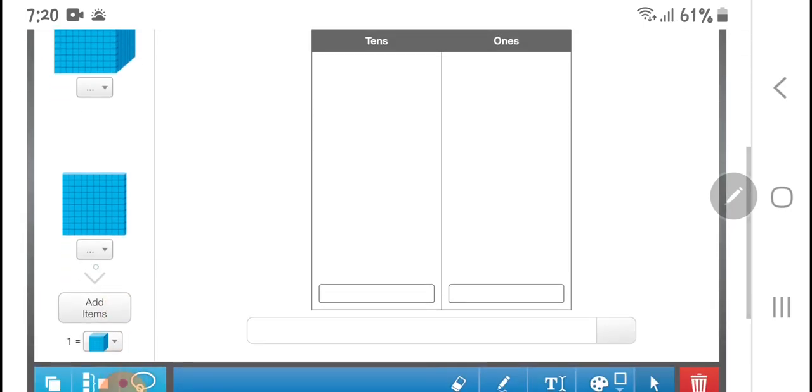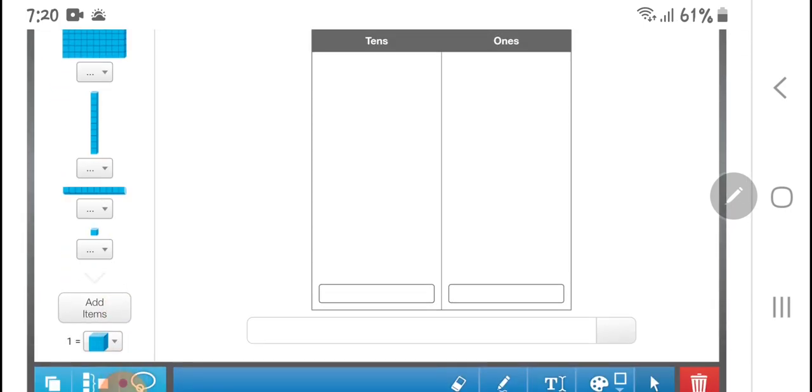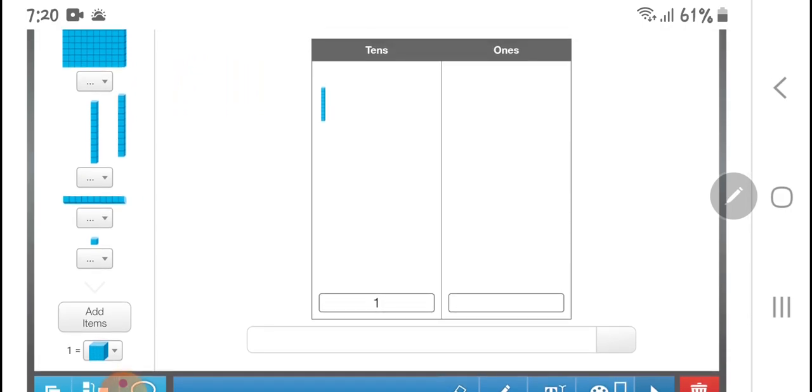Now I'm talking about adding tens. So let's say I have 20 plus 30. 20. So how many tens will I put? 2 tens. And 30 I'll put down: 1, 2, 3, 10, 20, 30.